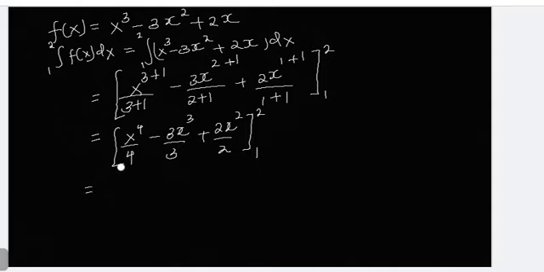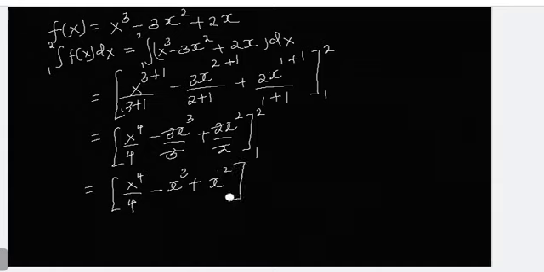Well, this simplifies further into x to the power of 4 over 4 minus, okay, so 3 will cancel 3, we remain with x to the power of 3, plus this becomes x to the power of 2, still within our limits of x equals 1 to x equals 2.